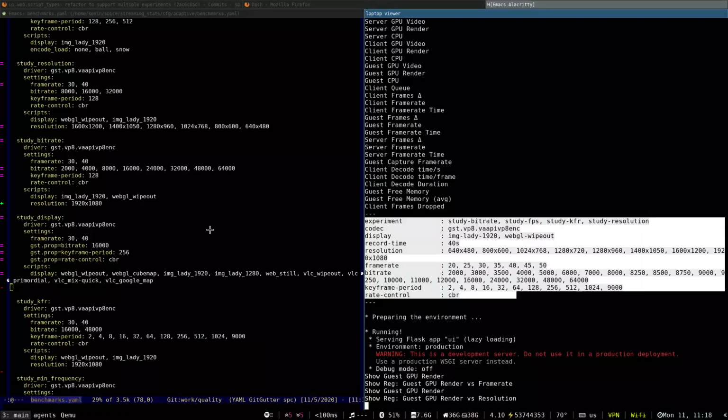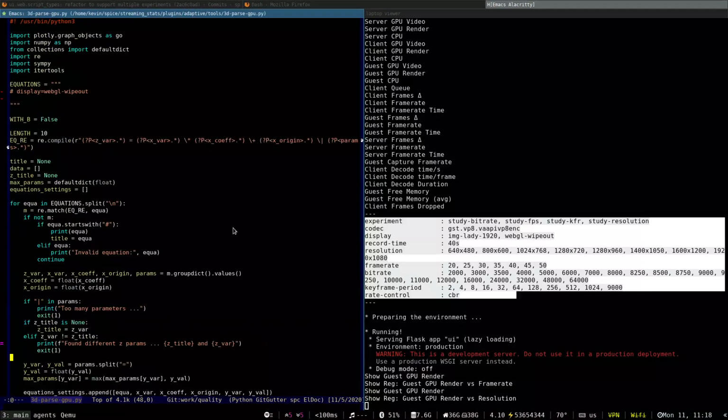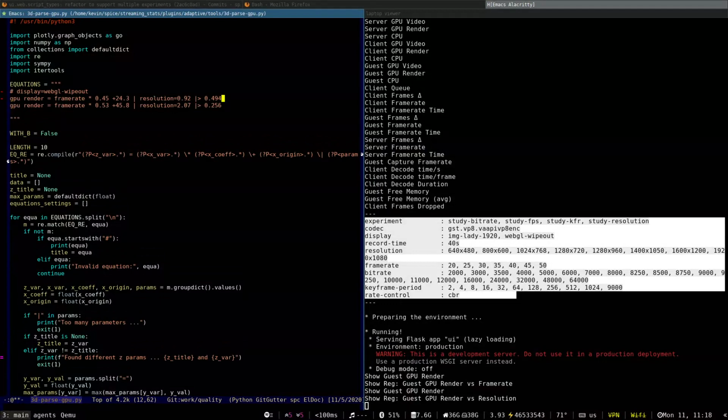So I take it, I give it to my custom solver. I need to remove this and that. So what this equation says is that for a resolution of 2 megapixels, the GPU render usage will be computed by multiplying the frame rate by 0.53 and adding 45.